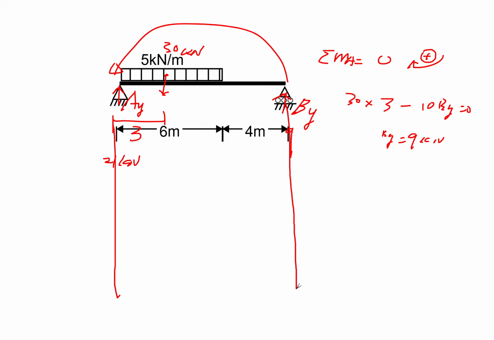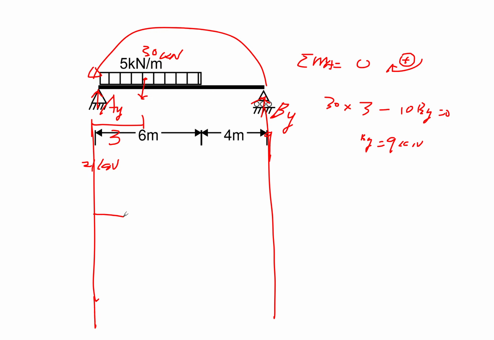In this case we can draw our shear force diagram. Let's get the SFD first. I've got 21 over here, and at the other end my BY is 9 kilonewtons coming up, at the point where the UDL finishes. I don't care what's happening in the middle just now. Nothing happens in there beyond the UDL, so it's a straight line for my shear force.